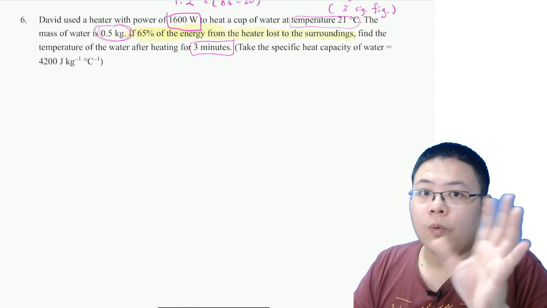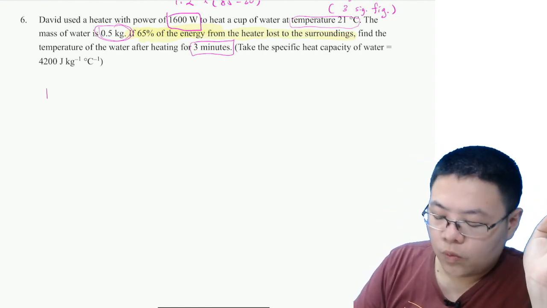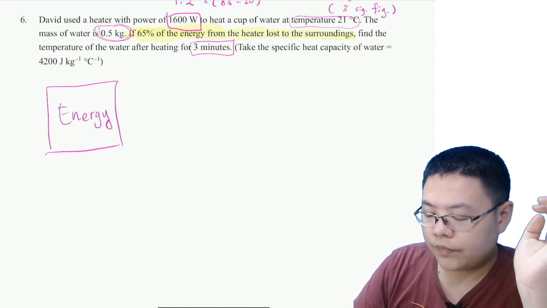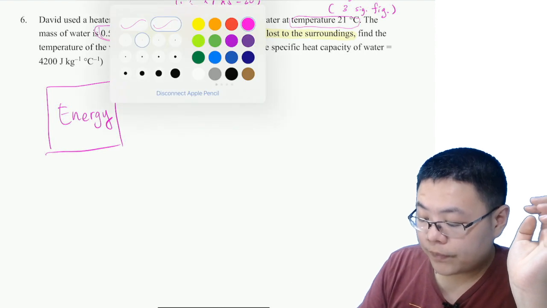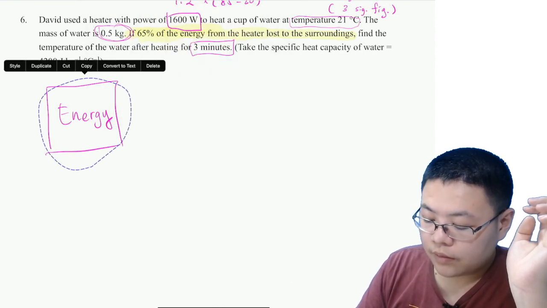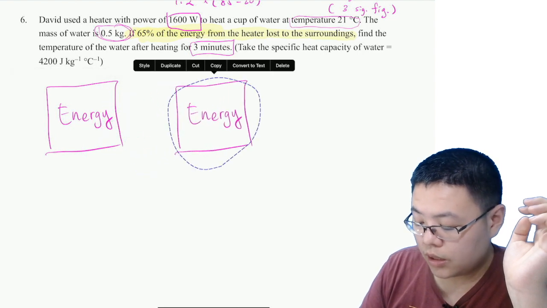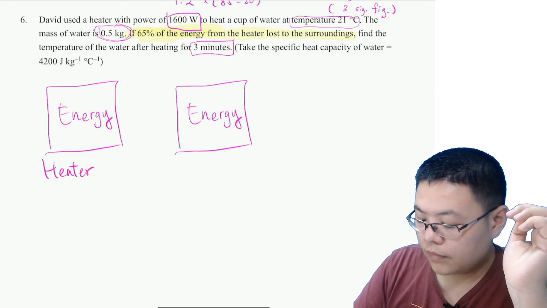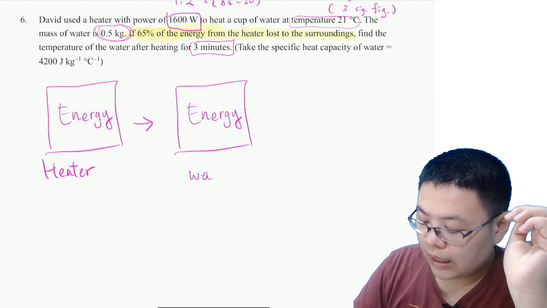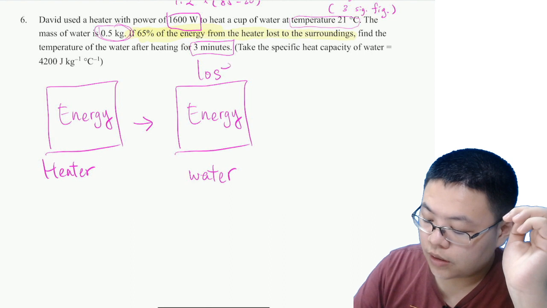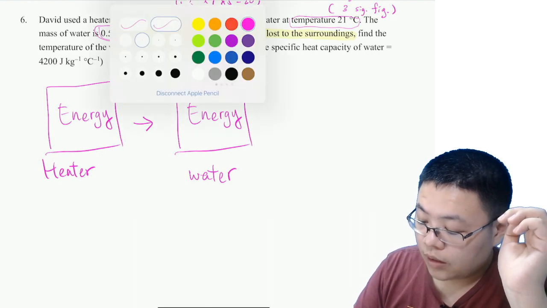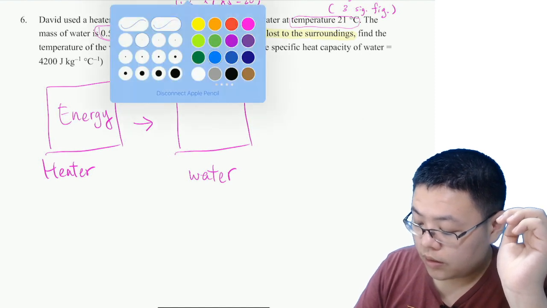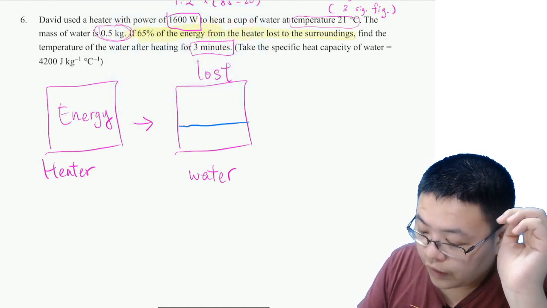Okay, so this time we have an energy. However, after transferring the energy from the heater to the water and the loss, actually most of the energy is lost, 65%.